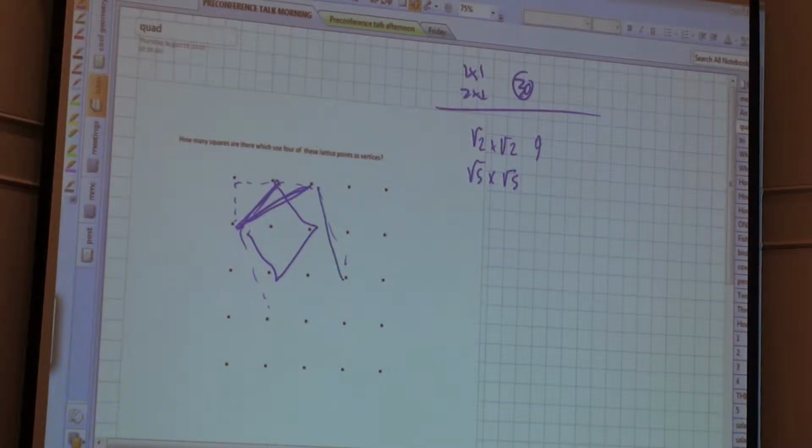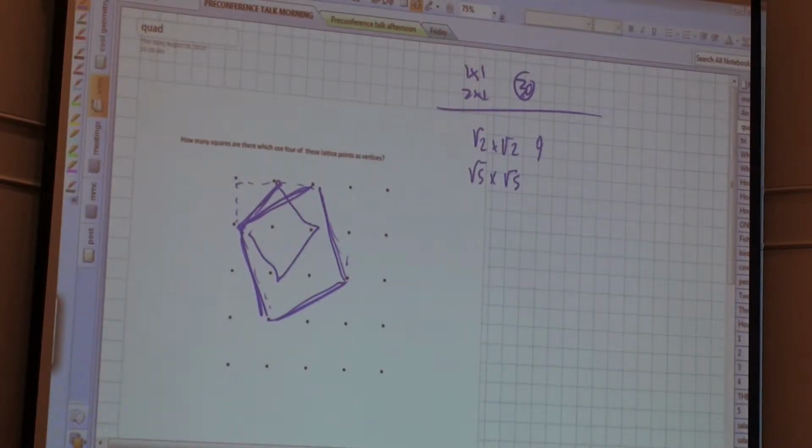You do a 1 by 2 with the slope of 1/2, or then you do go 2 by 1 with the slope of. Okay, you're going to get to 4.